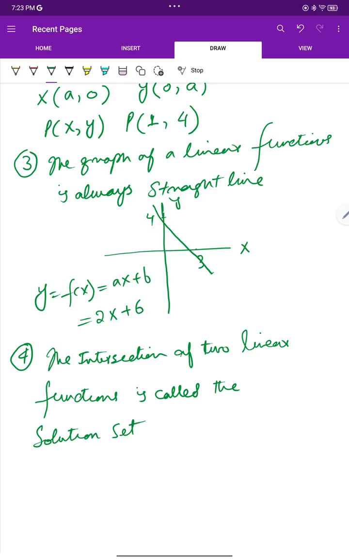The intersection of two linear functions is called the solution set of the functions. It's very important.